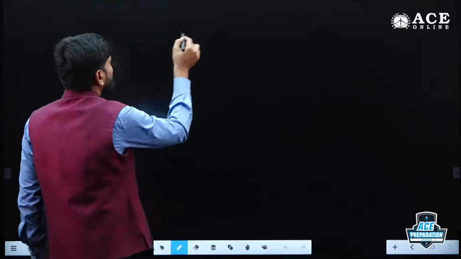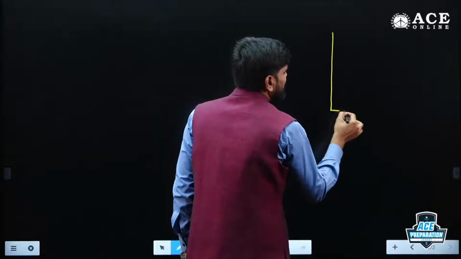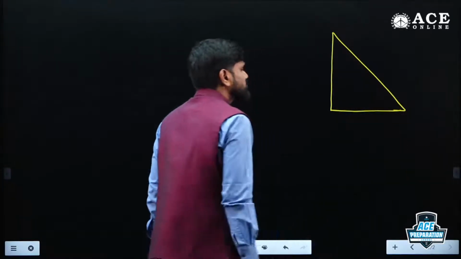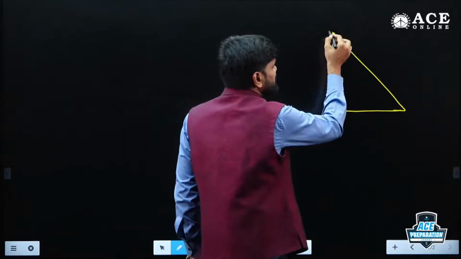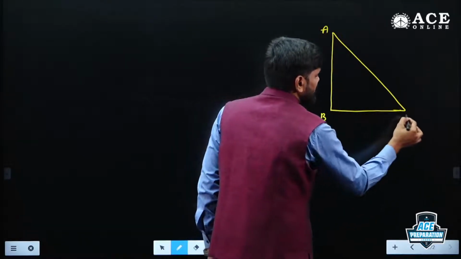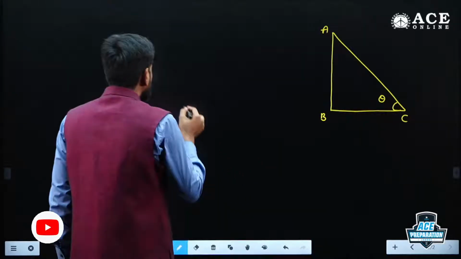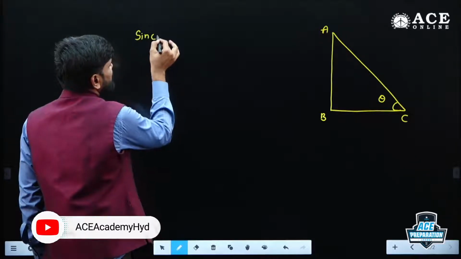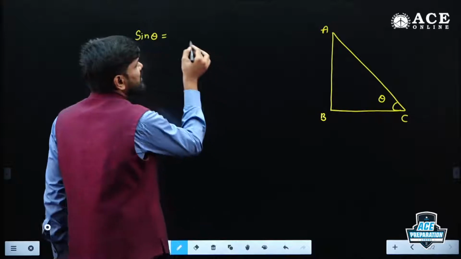The other thing we need to understand is that whenever we go for finding the ratios, we will be dealing with something called Pythagorean triples, which I will talk about. As we have just seen, taking it as A, B, C here, and this is theta, sin theta will be equal to opposite by hypotenuse.